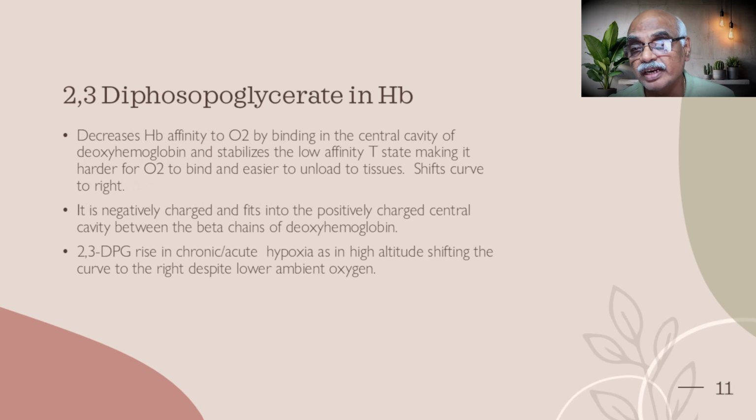Now let us dwell a little bit into 2,3-diphosphoglycerate in hemoglobin. 2,3-diphosphoglycerate is actually present in the red cell. Its presence decreases the affinity of hemoglobin to oxygen by binding to the central cavity of the deoxyhemoglobin.